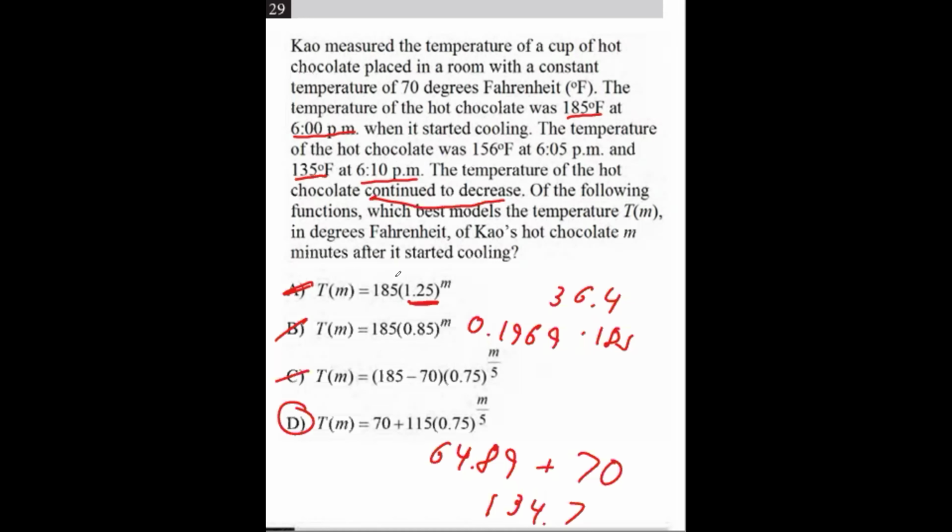When we plug in 10 for M, we get that for answer choice B, the final temperature would be 36.4, and for answer choice D, the final temperature would be 134.7. And we want a final temperature of 135. So that's why the correct answer is D. Is that better for that?